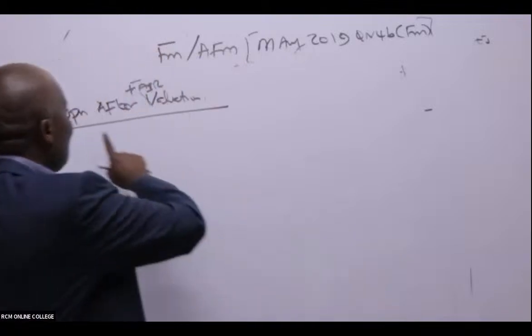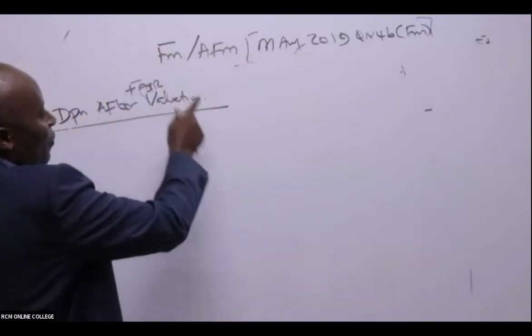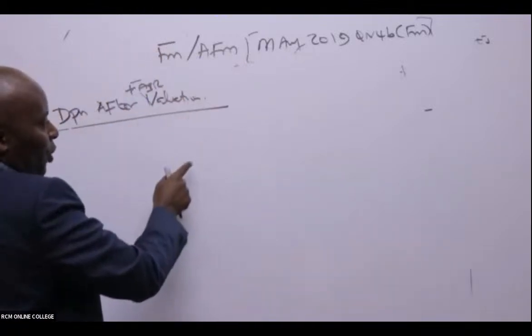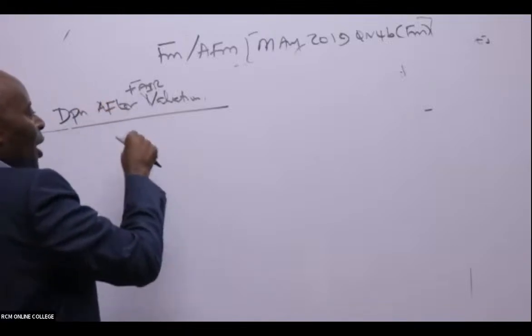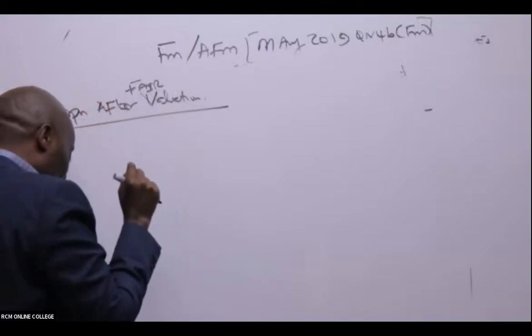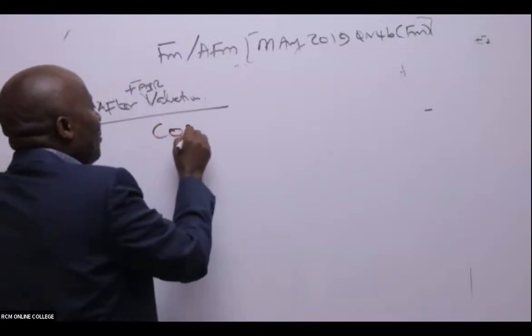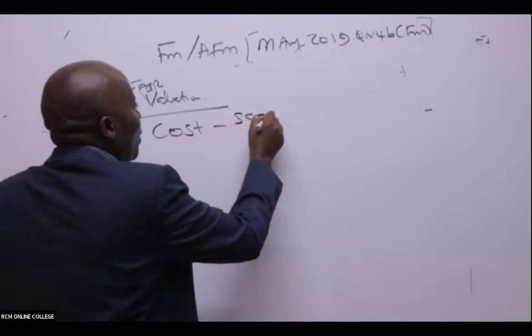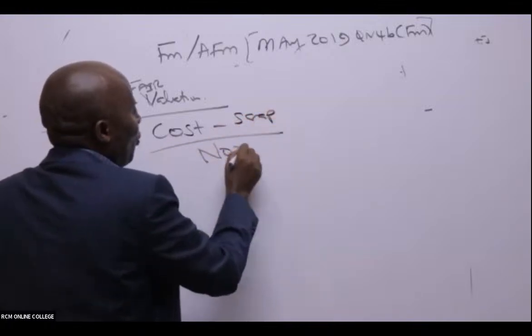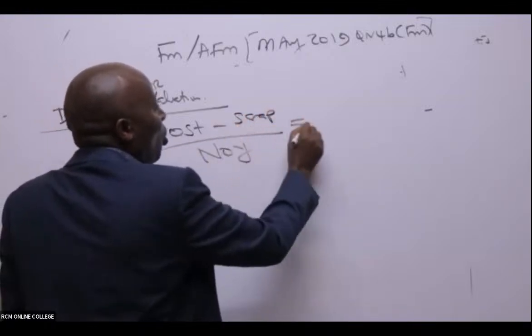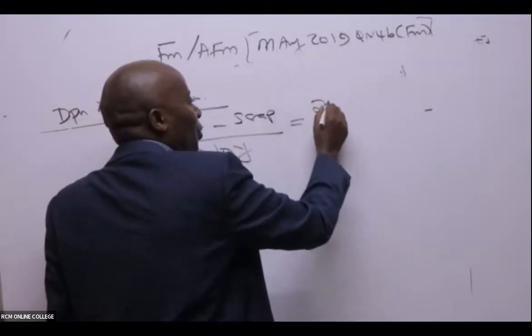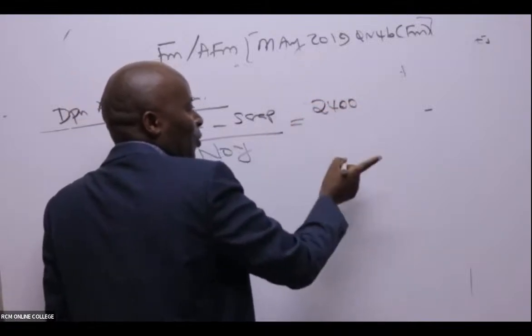So come and give me the depreciation of the existing machine after fair valuation. How will I do this? It is still straight line. So I'm taking the cost minus the scrap value over the number of years. The cost will be this net book value, 2,400.